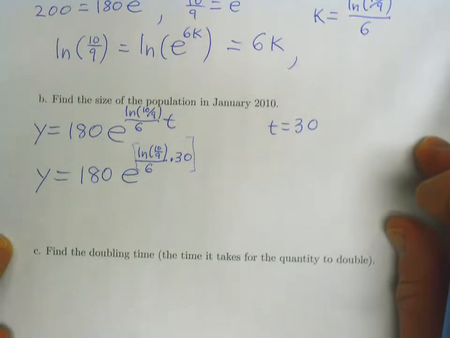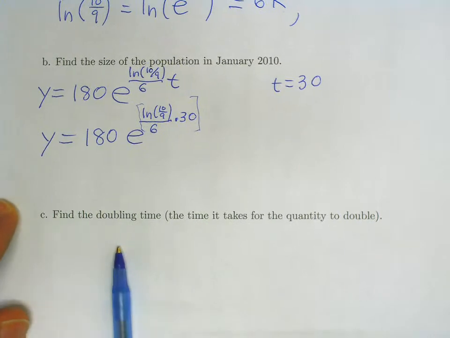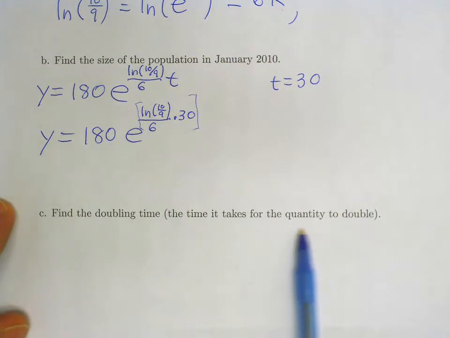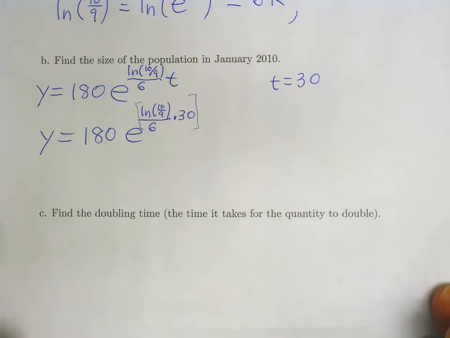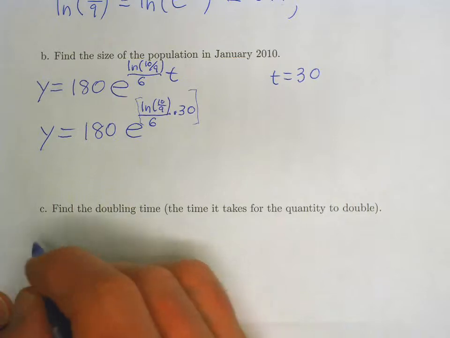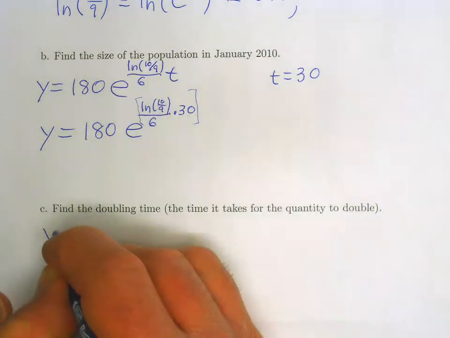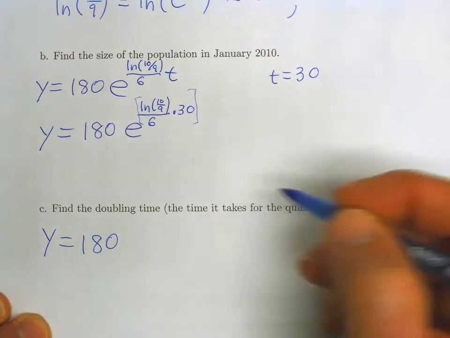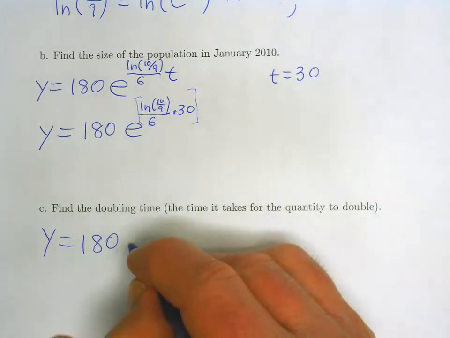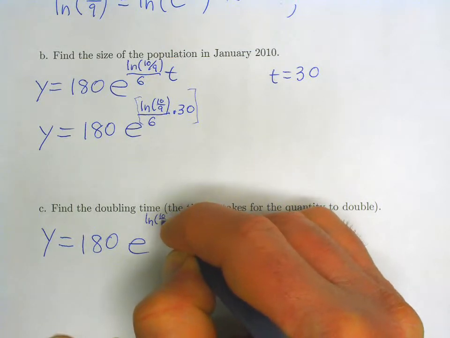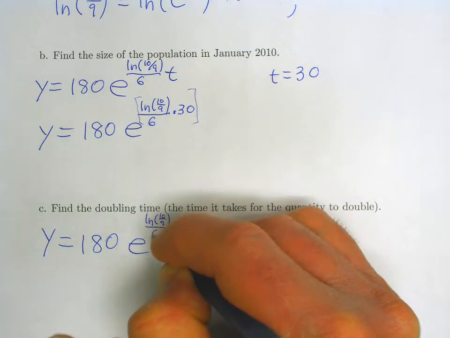Okay, then in part C, find the doubling time. That's the amount of time it takes for the quantity to double. So we'll write down the model, as tedious as that may be. y equals 180 times e to the natural log of 10/9 over 6 times t.